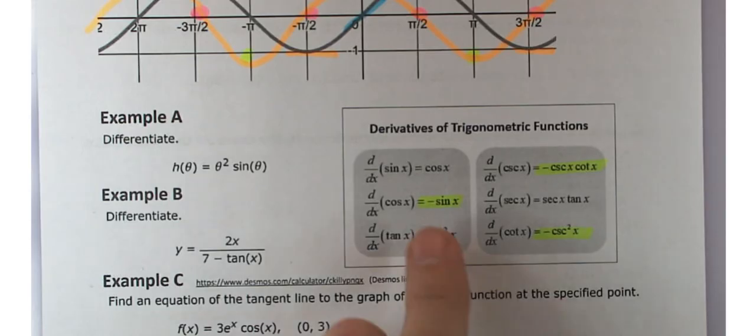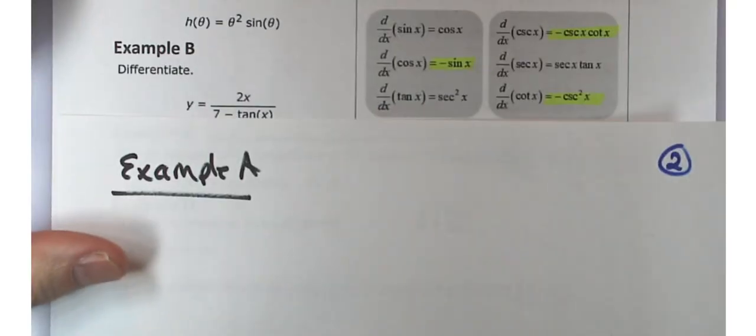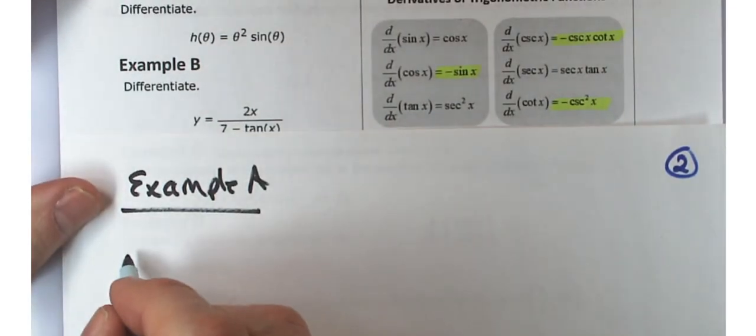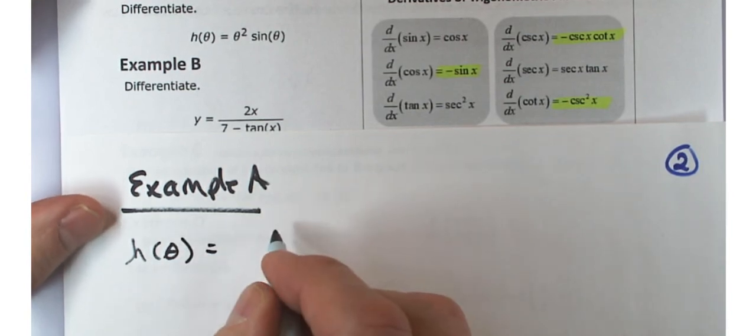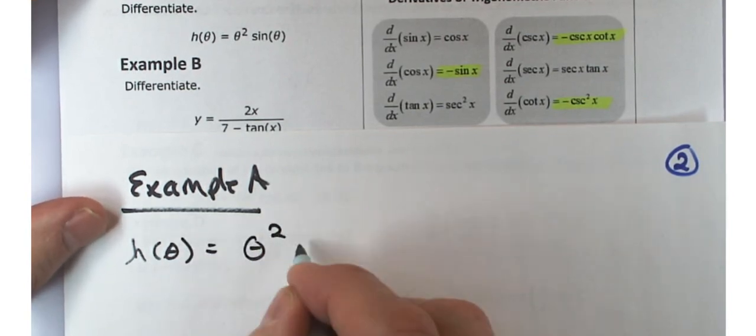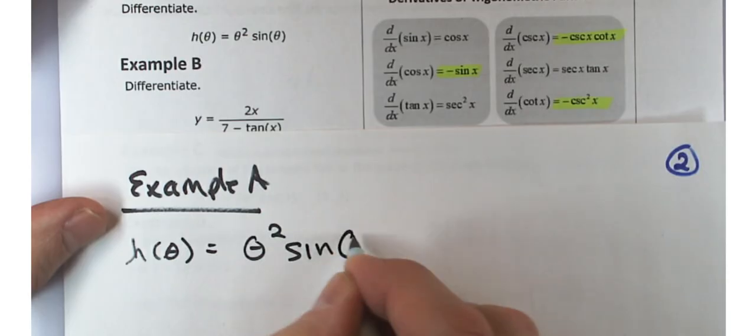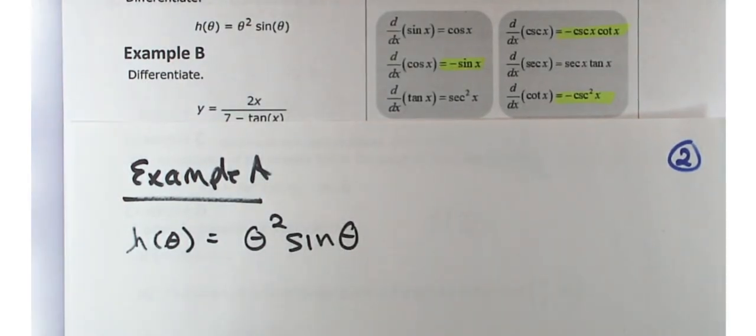But for starters, you've got this little thing here. You might want to keep that handy as we look at things like example A, where we've got h of theta is theta squared sine of theta. Now, I remember as a first-year calculus student being annoyed by the product rule.